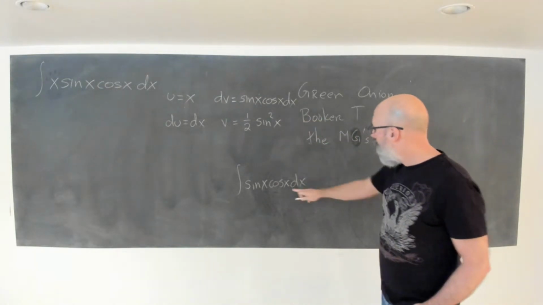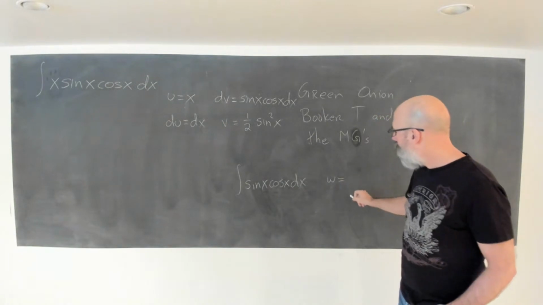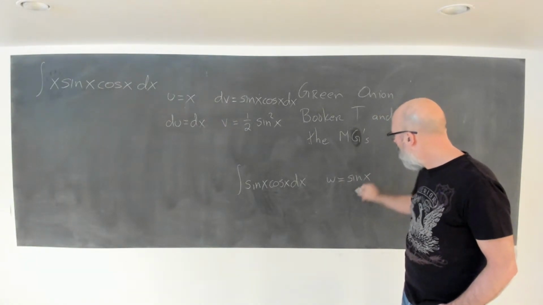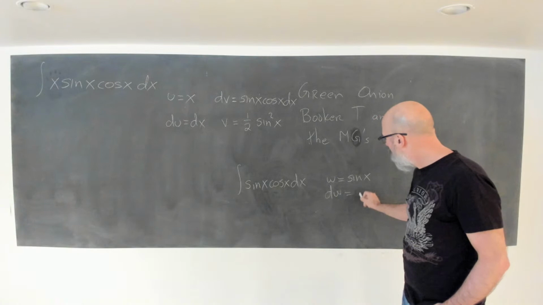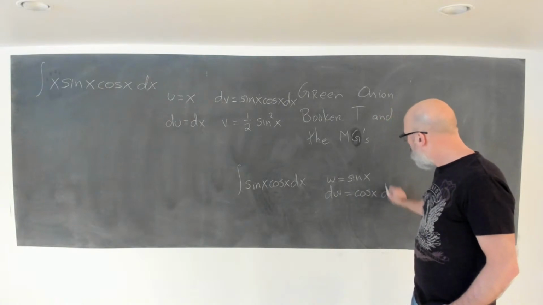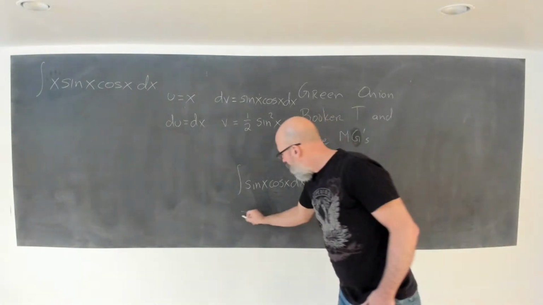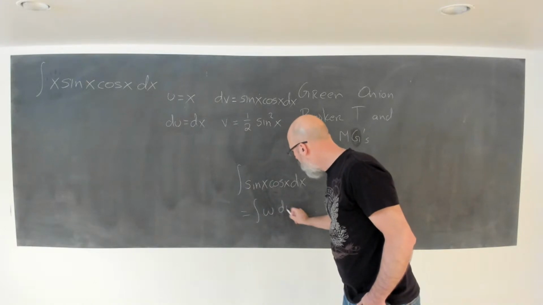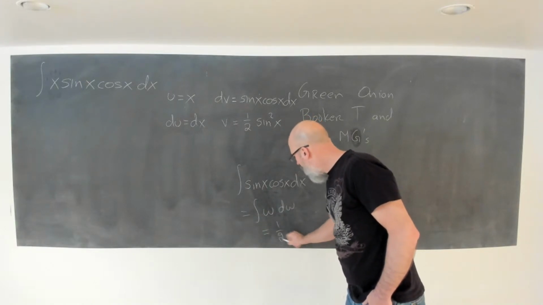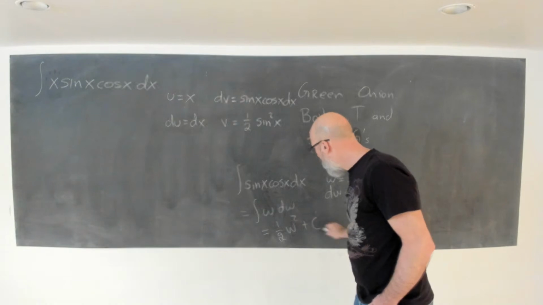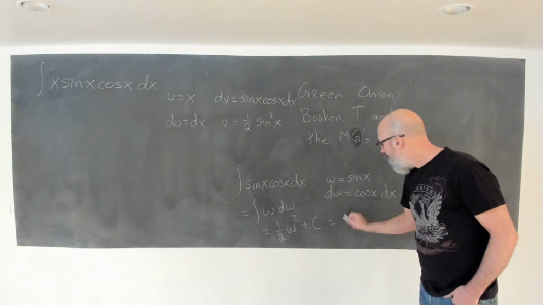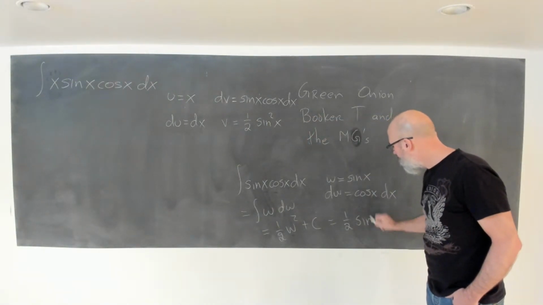So again, if you don't see it, a w substitution. And so this becomes w dw, which is 1/2 w squared. So 1/2 sine squared.